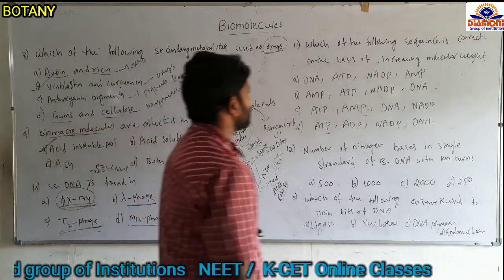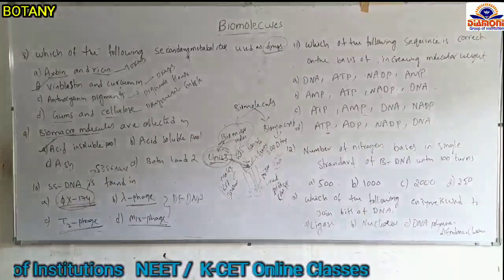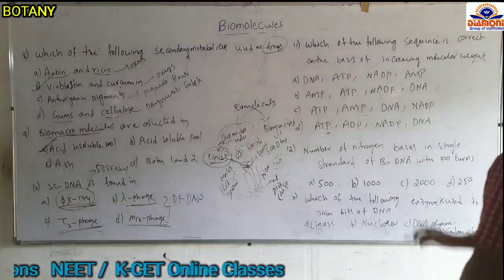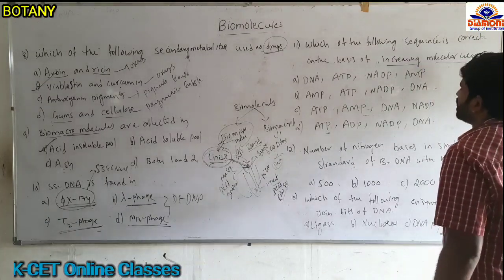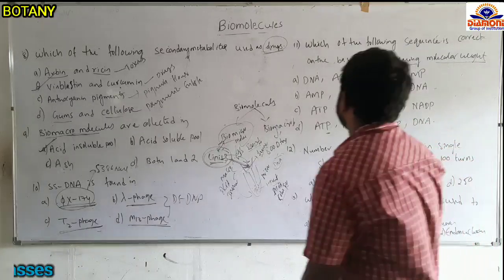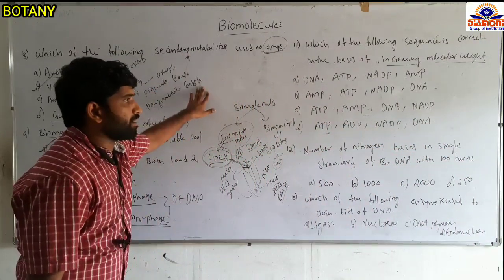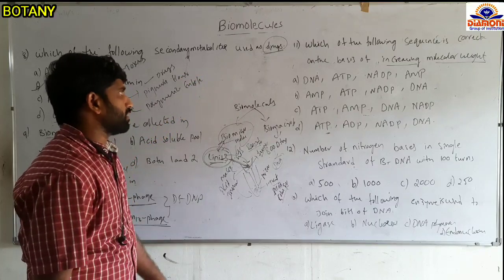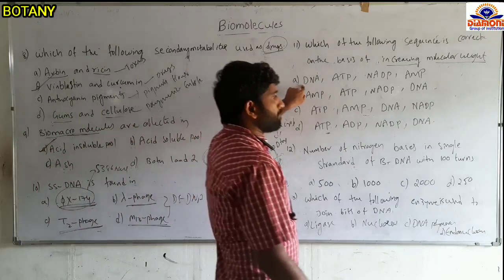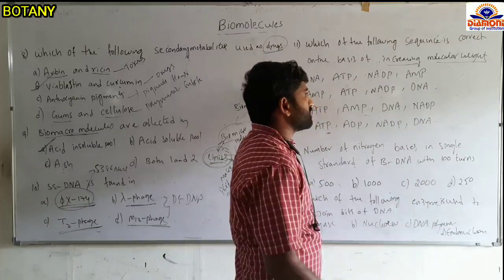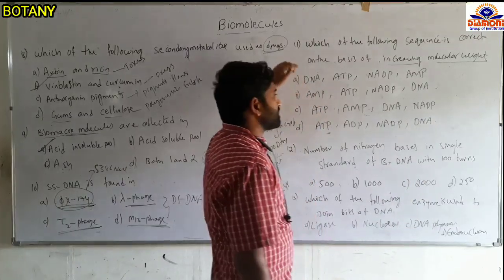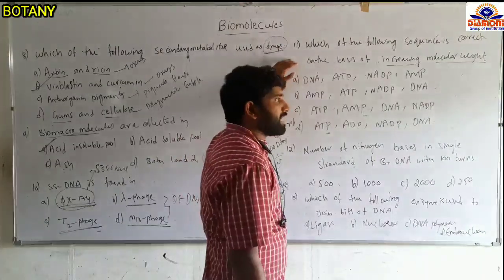And next question, which of the following sequences is correct on the basis of increasing molecular weight? We have to identify which option is correct based upon ascending order. DNA is a macromolecule with a polynucleotide structure and is large in size.